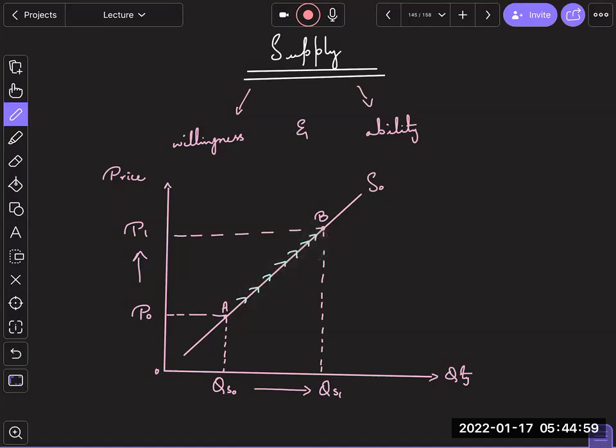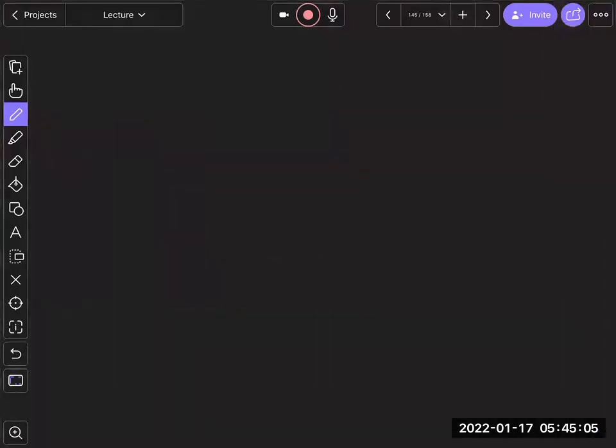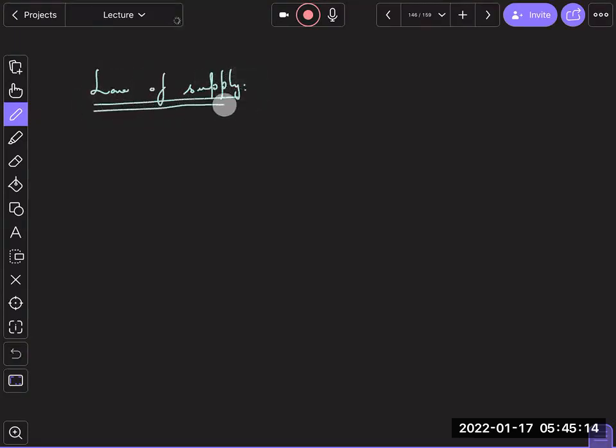So the law of supply states that there exists a direct relationship, a positive relationship, between the price of the product and its quantity supplied.